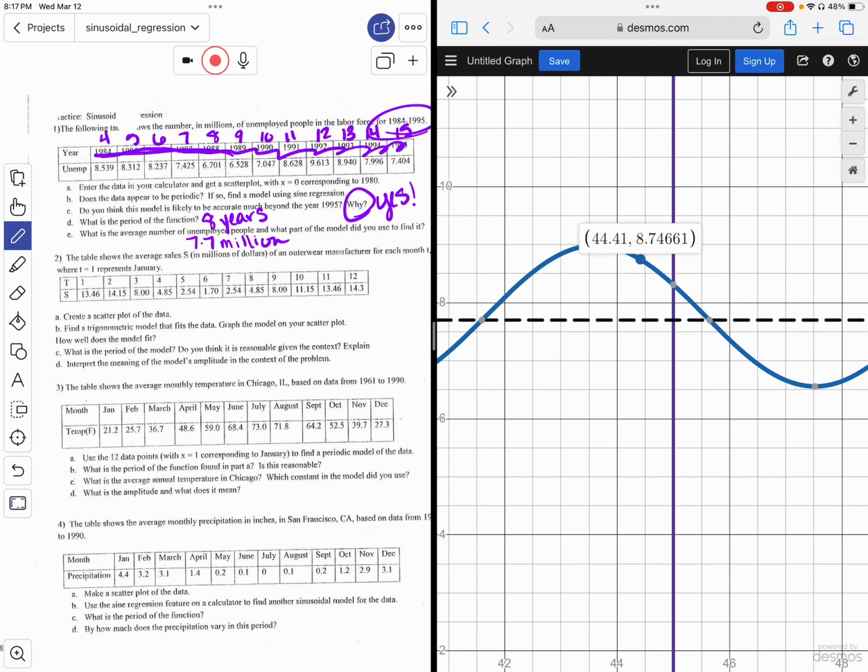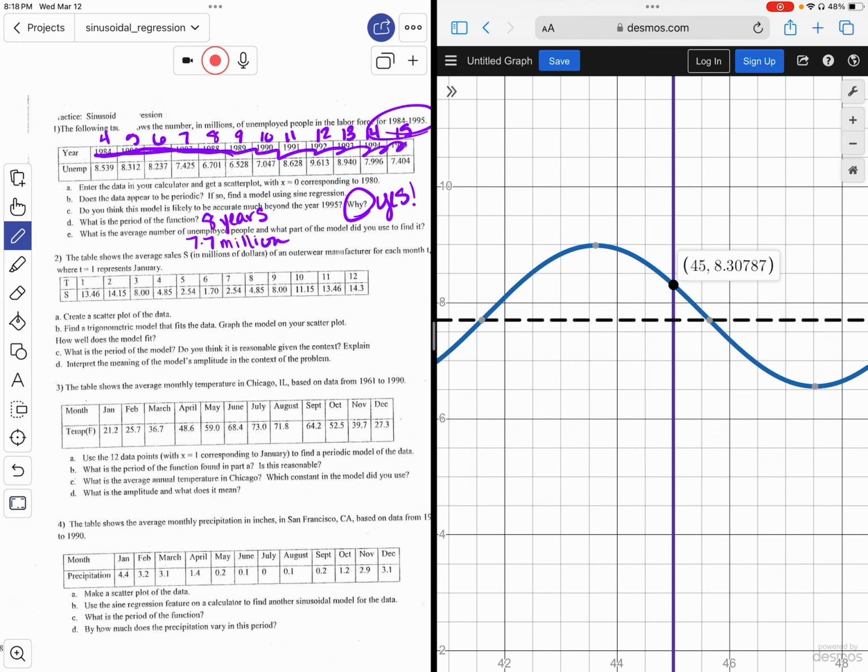And according to the model, not that this is really happening, it says that we should be coming out of an economic crisis and heading towards normal. So at the beginning of the year, there are 8.3 million. By the end of the year, or halfway through the year, there's 7.7.